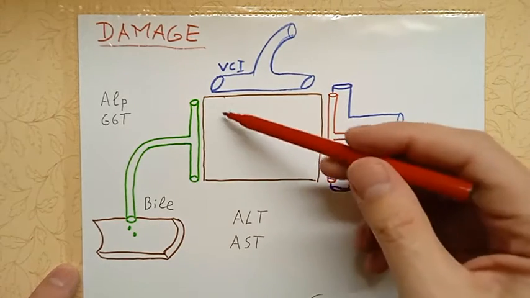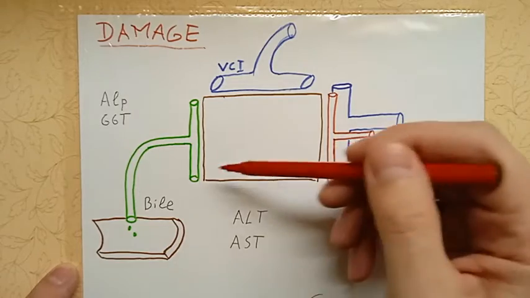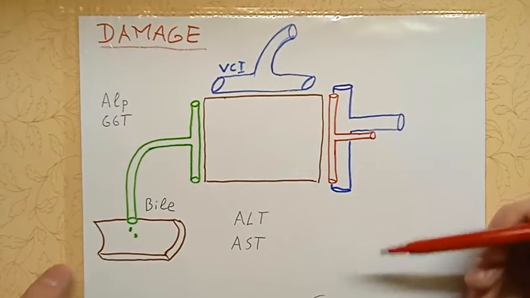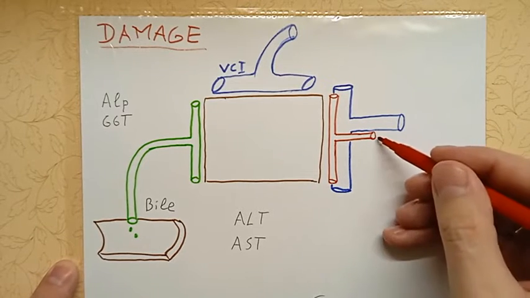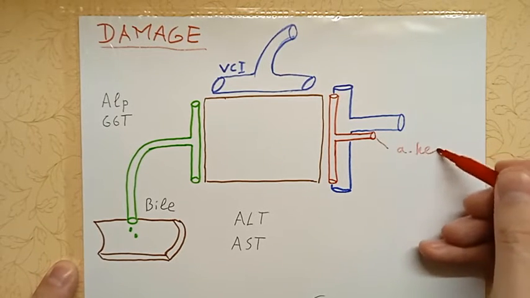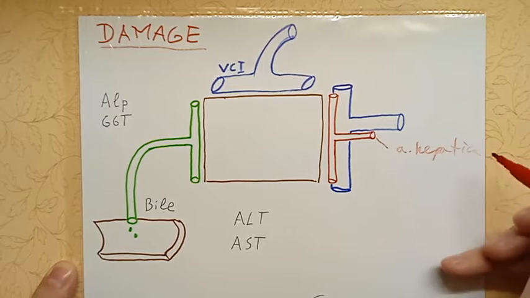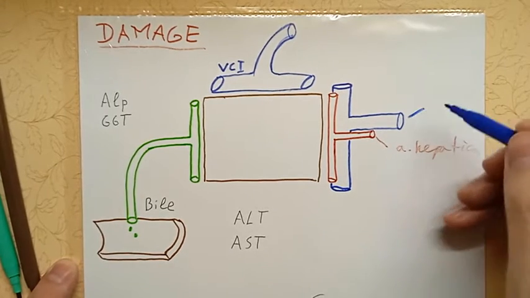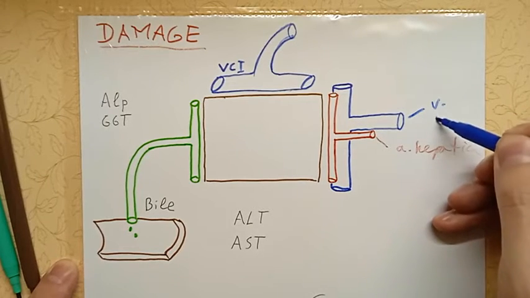So let's pretend that it's a cell with a nucleus, mitochondria, and other intracellular organs. As you already know, it's a branch of arteria hepatica. It's a branch of vena porta.